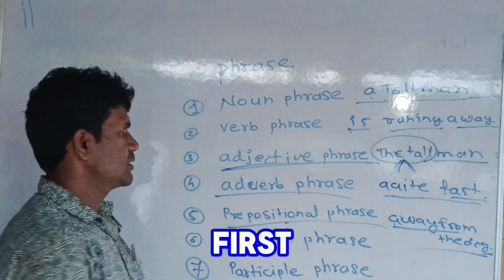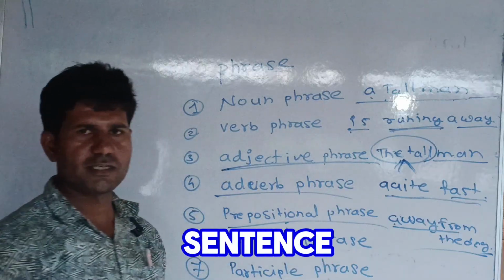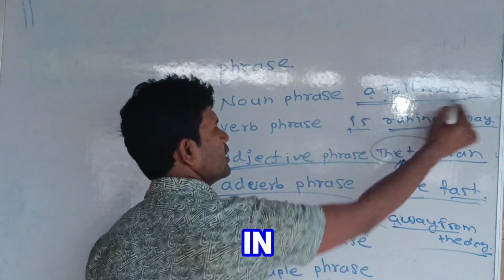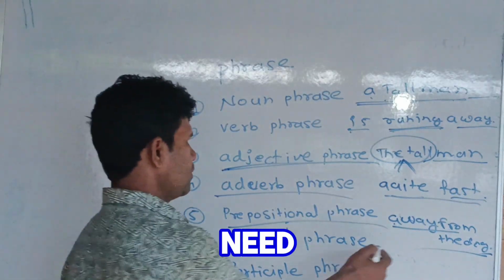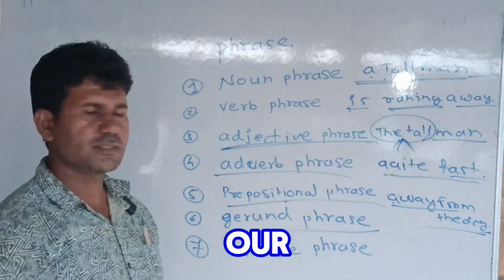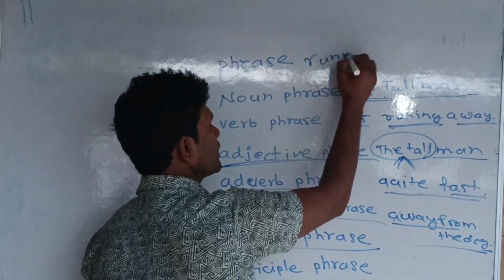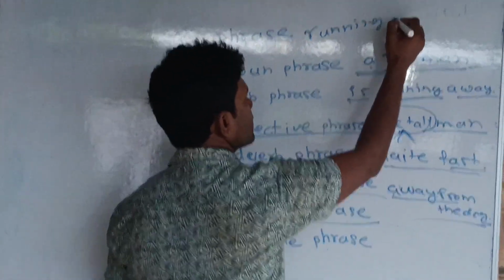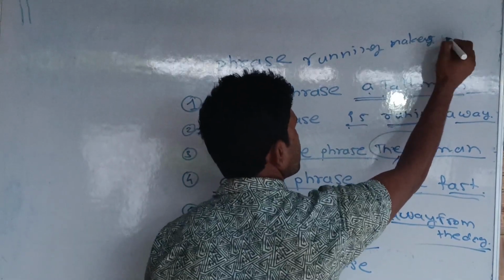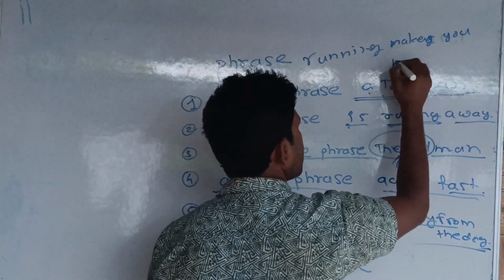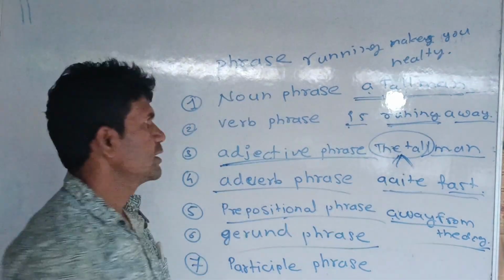Then gerund phrase. Running. Now we have to make a different sentence because in our previous sentence the tall man is our subject. We need to make running our subject. So we'll make a sentence like this. Running makes you healthy. What makes you healthy?